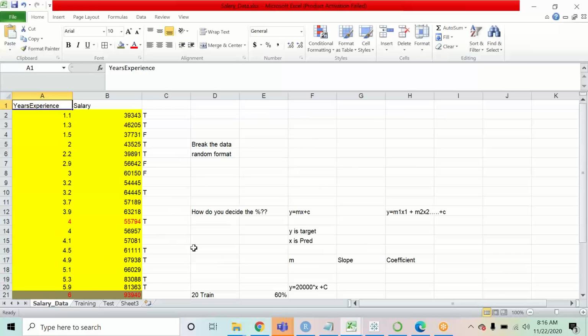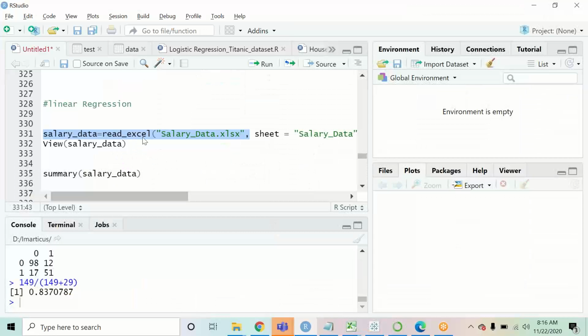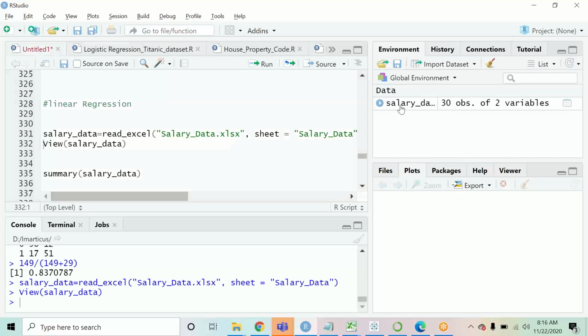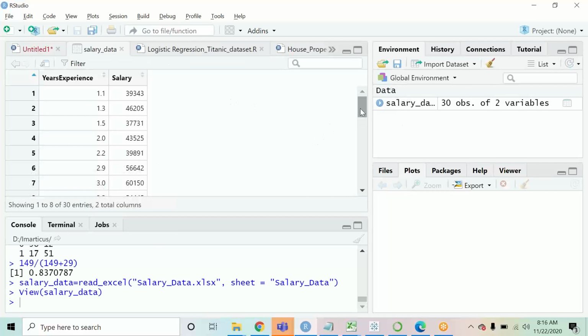So the first thing we did yesterday was bring this data from Excel into R. We have to create a data frame out of this. Once the data is created, it's a good practice to check if the data is properly loaded. We were able to see that there were 30 rows.